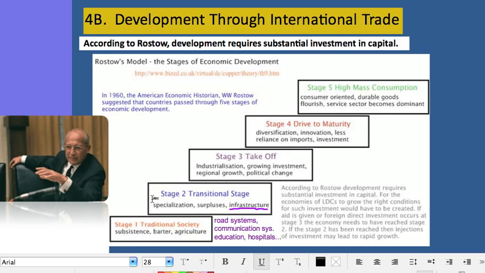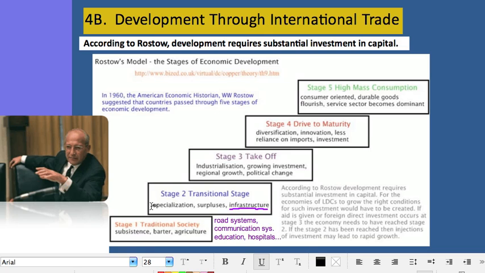And so with stage 2, this transitional stage, is where the country, in a sense, probably government and groups of people who are in business or in leadership, think and plan and strategize what could they produce, or what do they have as a country that they could sell, that other countries would want.